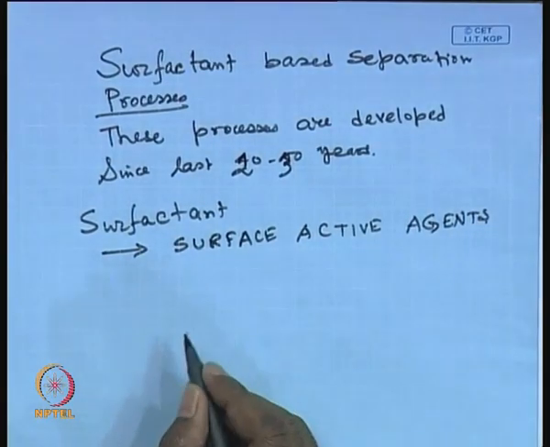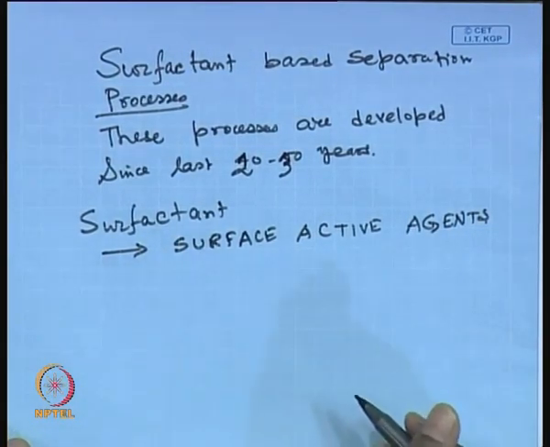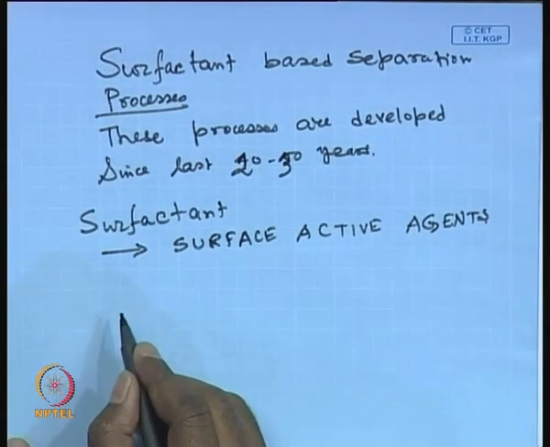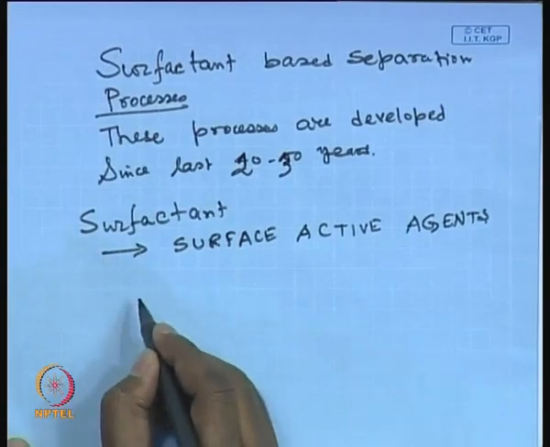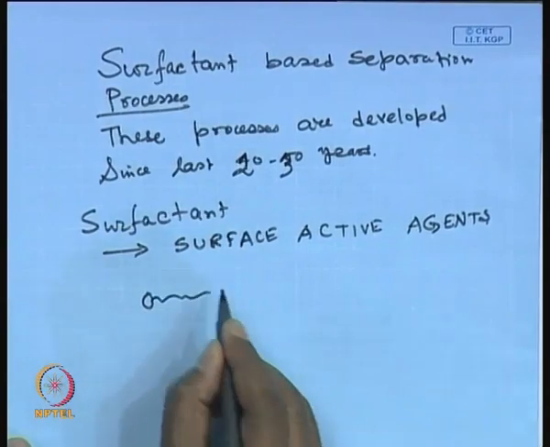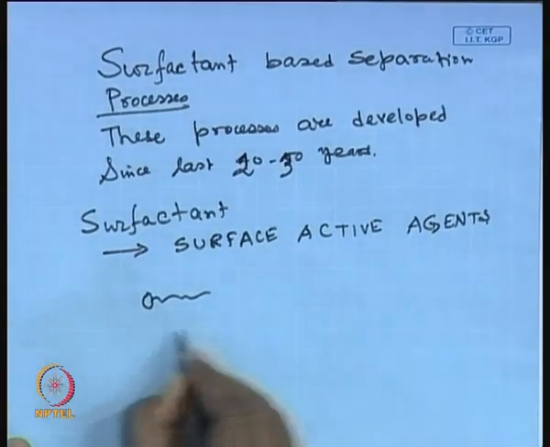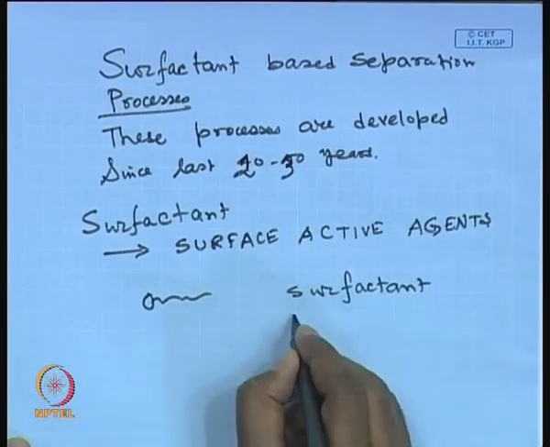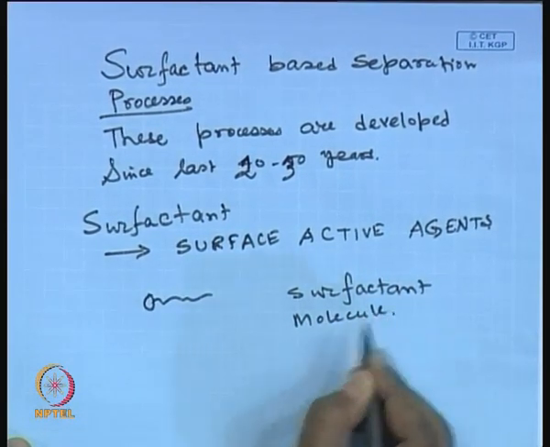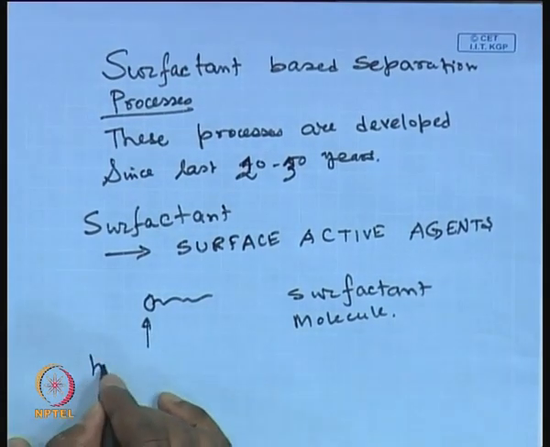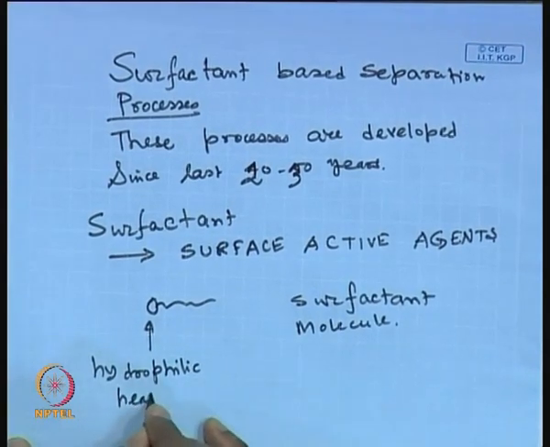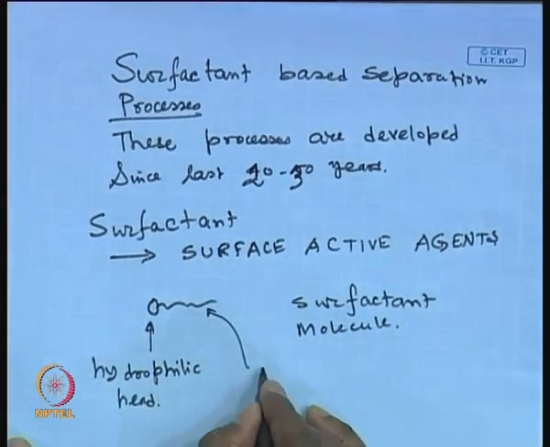Okay. There are some typical properties of surface active agents, and the first property is that surfactants have a hydrophilic head and a hydrophobic tail. That means, this is a typical surfactant molecule. It has a hydrophilic head and it has a hydrophobic tail.